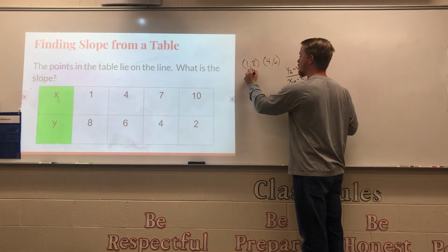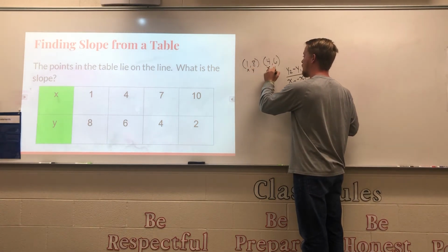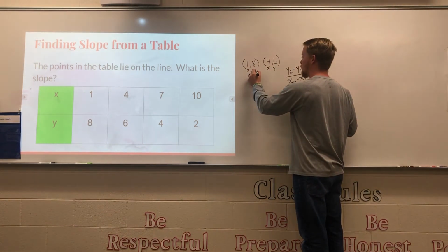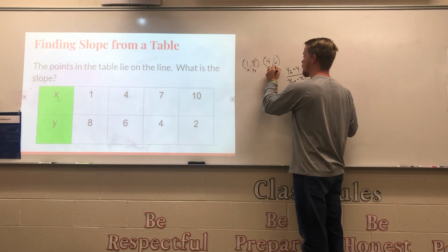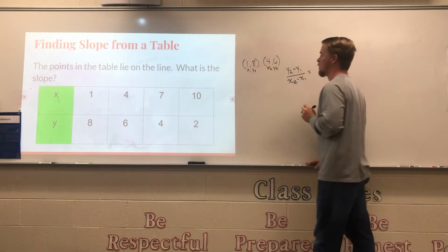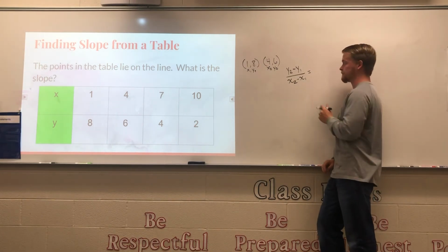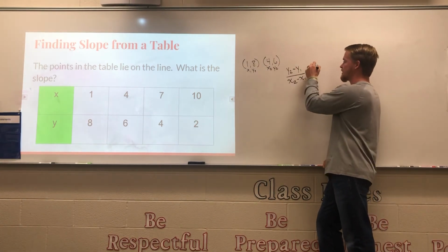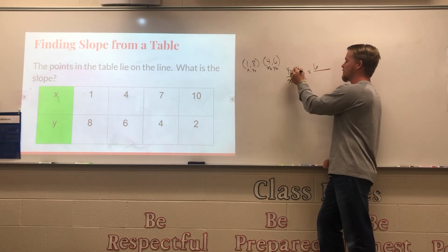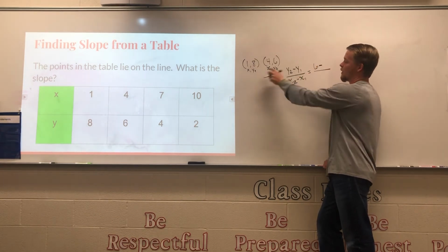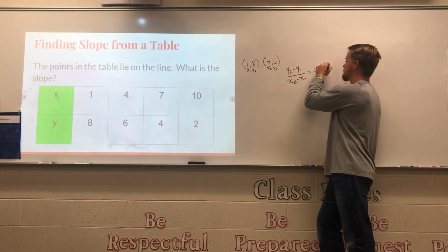Again, x goes first, y goes second, x, y, and then you just 1, 1, 2, 2. And then I'm plugging into my equation. My y2 is 6, so on the top I have 6. Bring over my minus sign. y1 is 8.